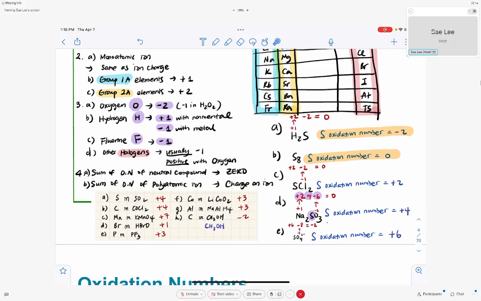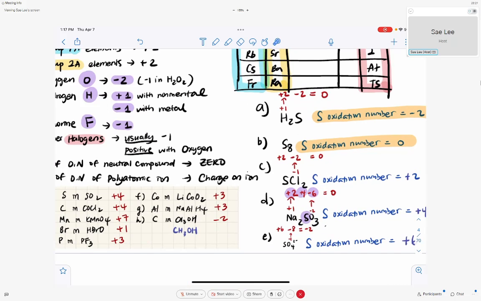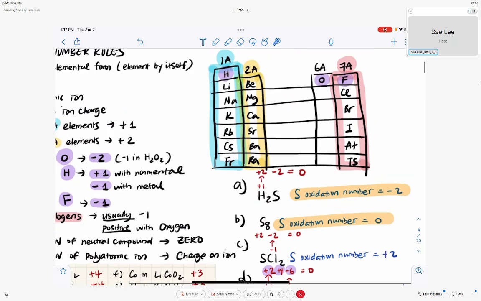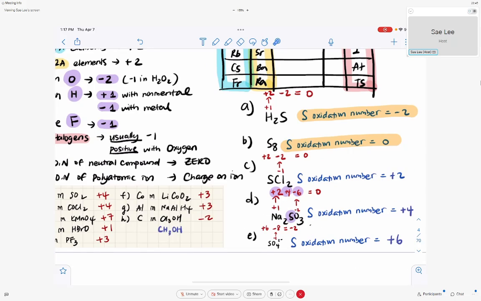But if a halogen is bonded to oxygen, it will have a positive value. This halogen is not bonded to oxygen, so we will assume that it has an oxidation number of -1. By the way, halogens are group 7A elements.